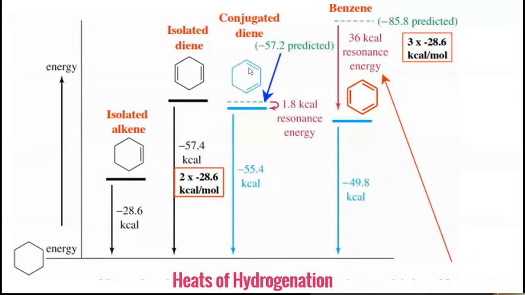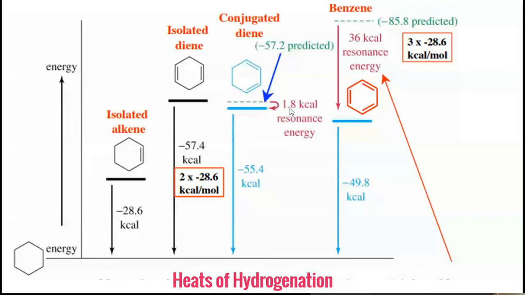However, when the structures are conjugated, conjugated means I have single bond, double bond, single bond, double bond. These are known as alternating single and double bonds. Whenever I have this situation, again I have a two double bond system, so I should normally expect twice 28.6, but that is not what is observed.